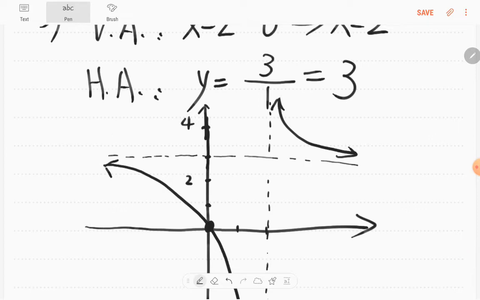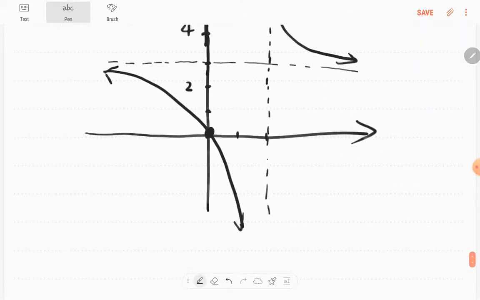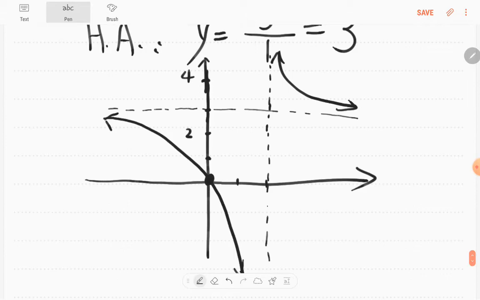Again, the graph for the rational function is not required. You just need to know what the vertical asymptote and the horizontal asymptote are from the graph. If the graph is given, can you identify the horizontal and the vertical asymptotes?